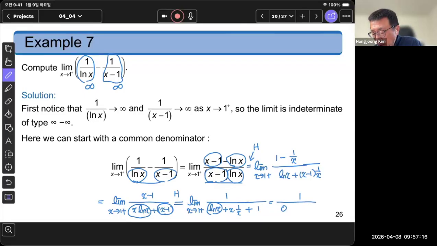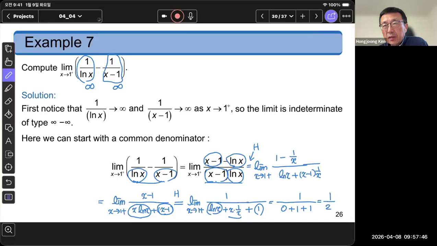And the second term, x times 1 over x, is always 1. The third value is also 1. So the limit will be 1/2. That will be the limit of the given problem, and I obtained this by applying L'Hopital's rule 2 times.